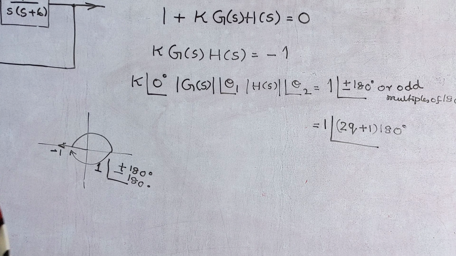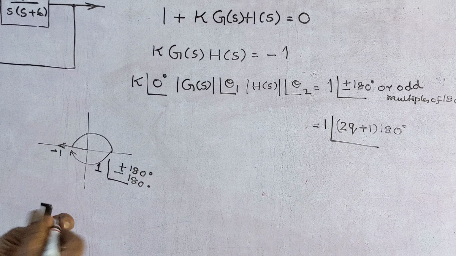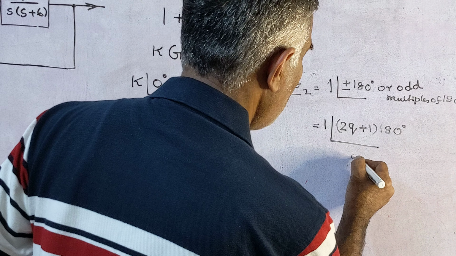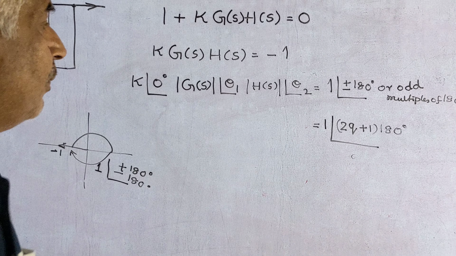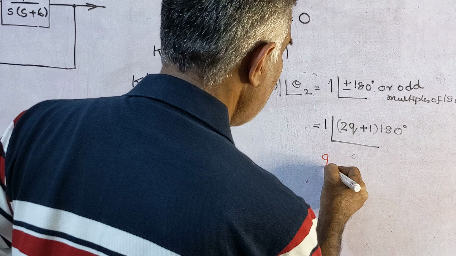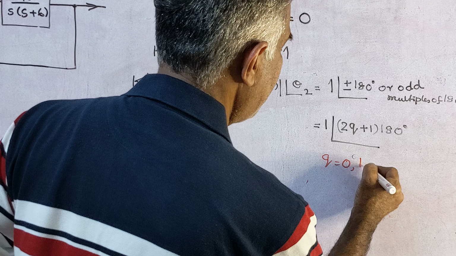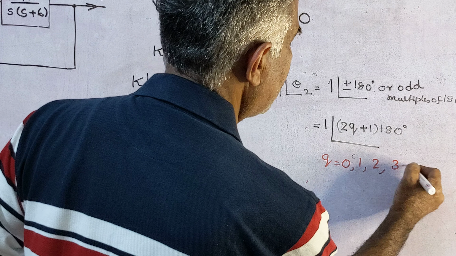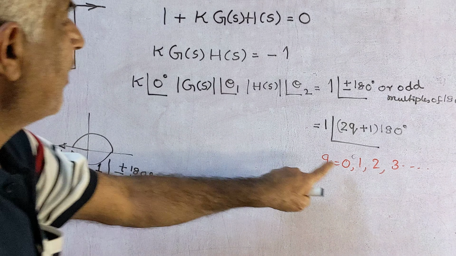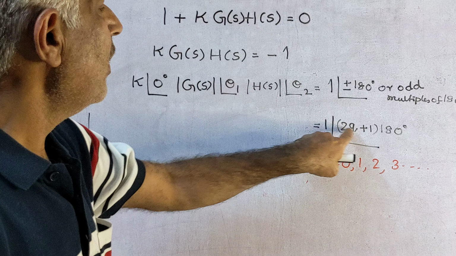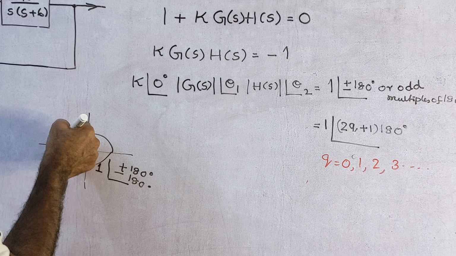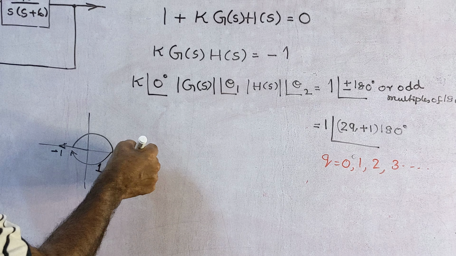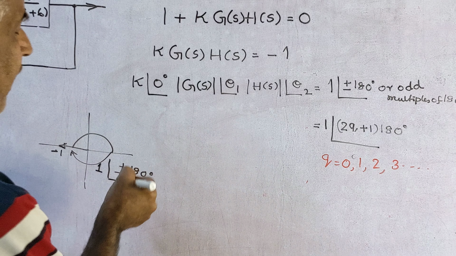Now where q equals 0, 1, 2, 3, etc. For example, q equal to 0, then it becomes 180 degrees. Next, 180, 360, further 180, 540 degrees.